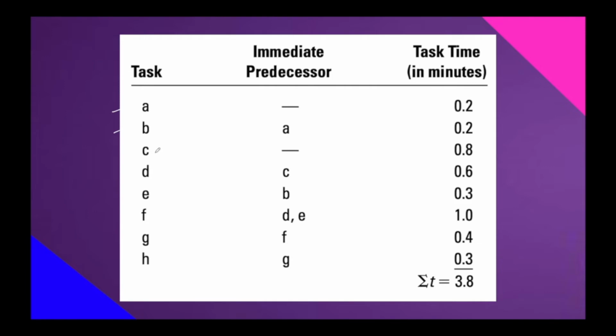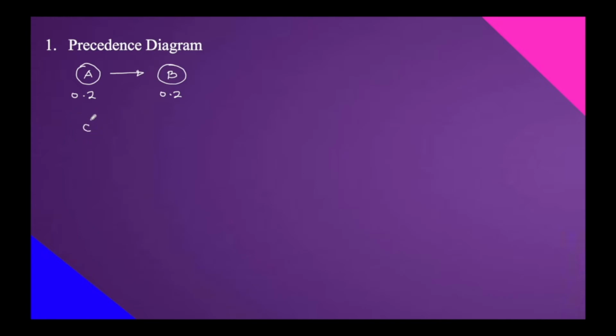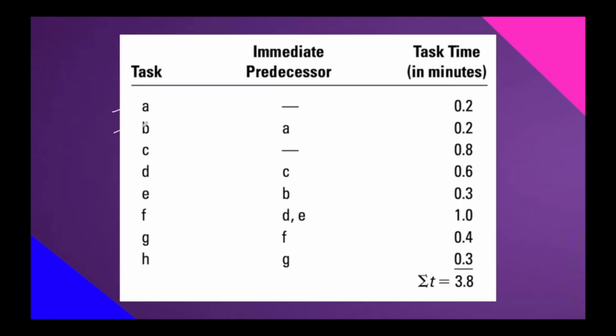Si letter C, it doesn't have any predecessor, pero nakadugtong sa kanya si D. So meaning, somehow nagiging parallel si C and D kay A and B. Therefore, pwede nating pagtapatin si A and si C. So, let's have letter C here. And C is 0.8.